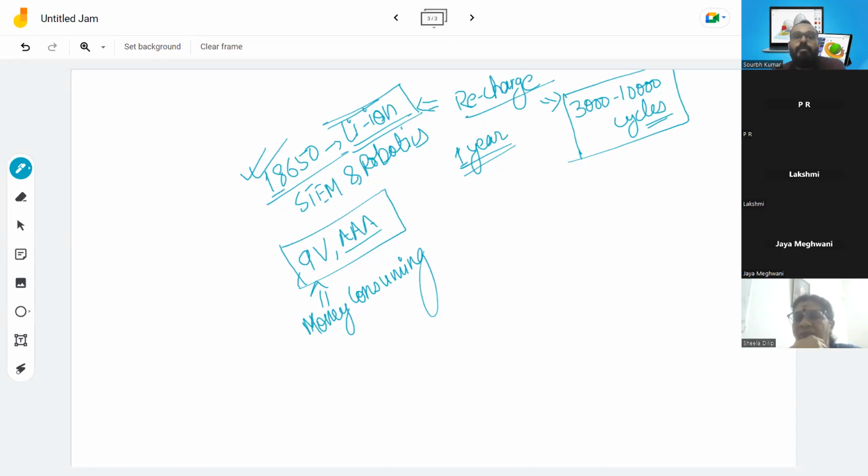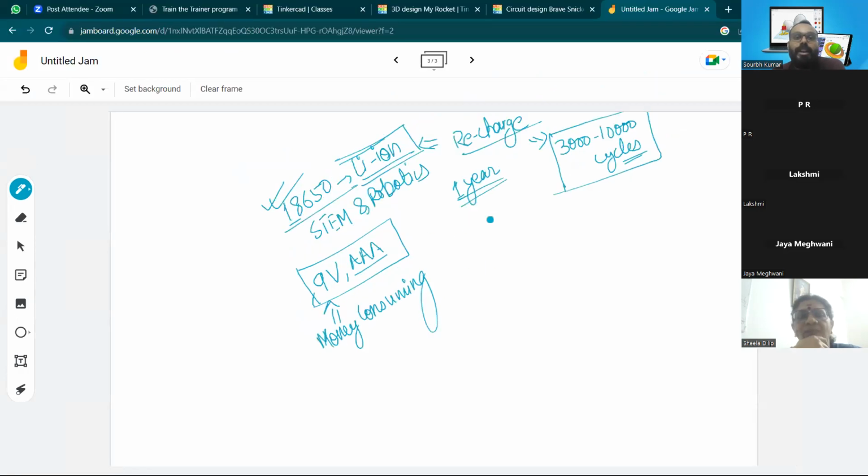So you should use it, but whenever you use these batteries, try to be careful with the Li-ion battery. Why I'm saying to be careful with Li-ion or LiPo kinds of batteries is because if by any chance the internal circuitry of this battery comes into contact with air, then it will start burning itself, and further it will explode.